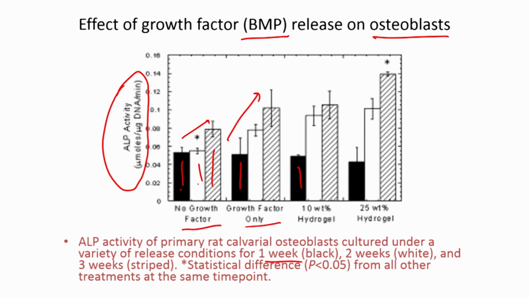You can put the cells in a hydrogel, and because this is a closer environment to what they see in 3D, the cells themselves increase the bone formation compared to this. And now if you further put the BMP in here, that is going to further increase the bone formation, because the BMP is slowly being released and is being used by these cells to form bone.